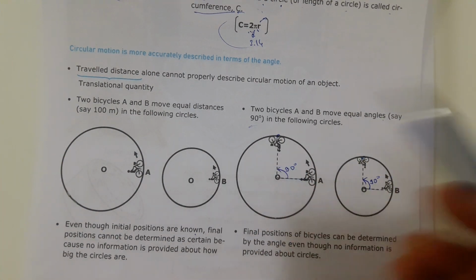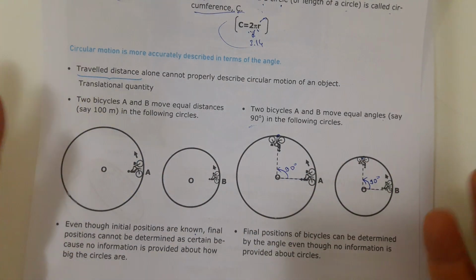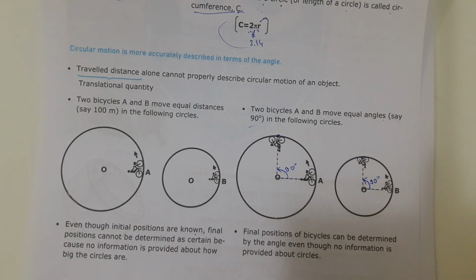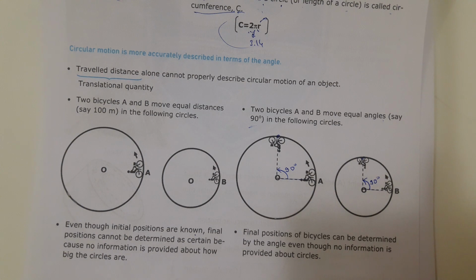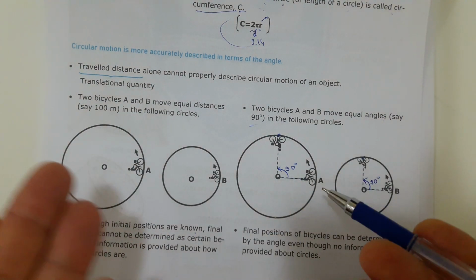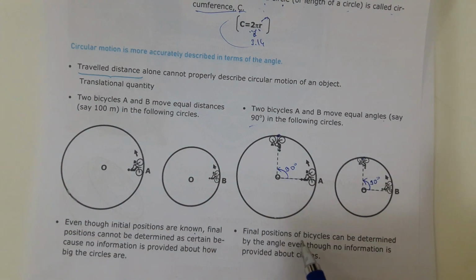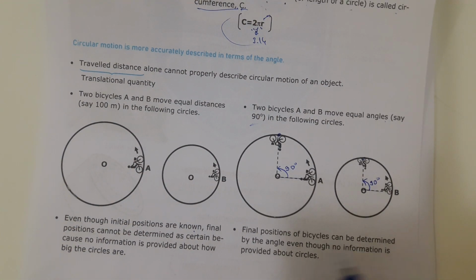That's why angle is very useful to define the position of an object moving in a circle. That's why maybe you have heard in some movies that at sea or in the air, airplanes sometimes define their position in terms of angle. The final position of the cyclist can be determined by an angle, even though no information is provided about the circles.